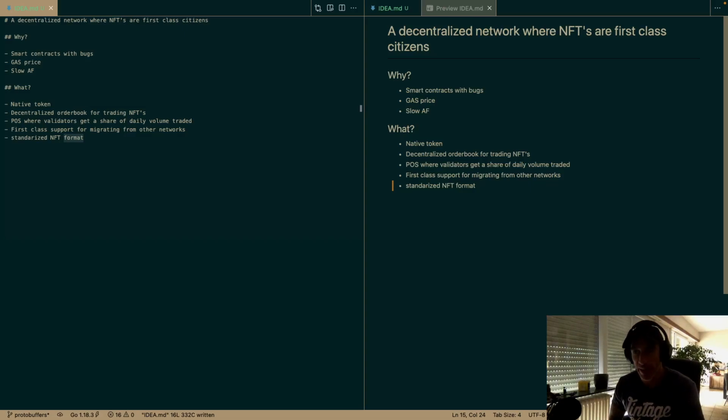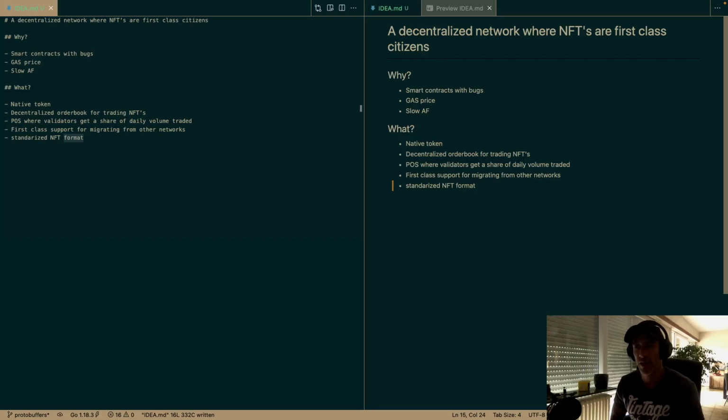So NFTs are big, and that's exactly why I came up with this idea. So why don't we make this? And I'm very serious about this. This is not a toy idea or something. I'm very, very serious about this. Why don't we make this a decentralized network where NFTs are first-class citizens? No VM, no smart contract, nothing.